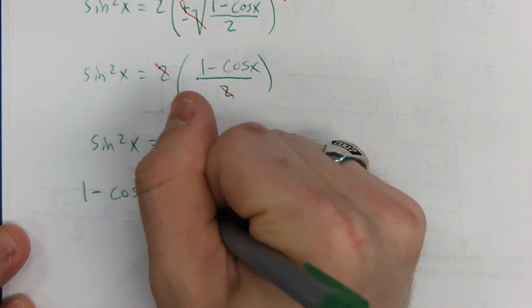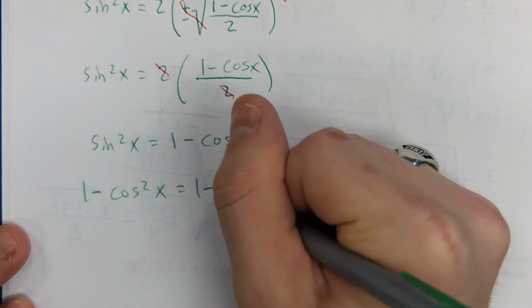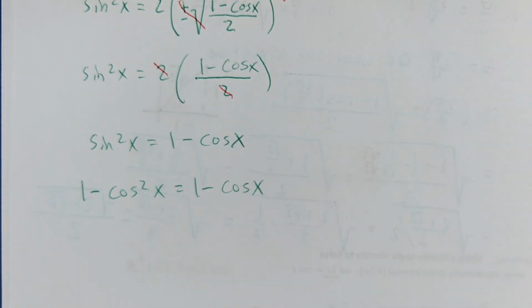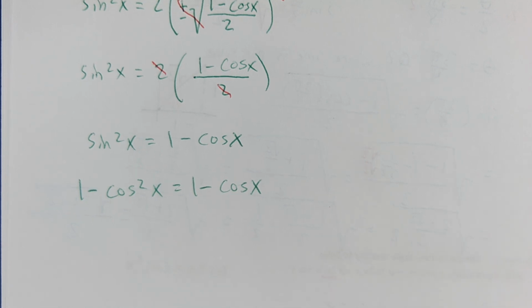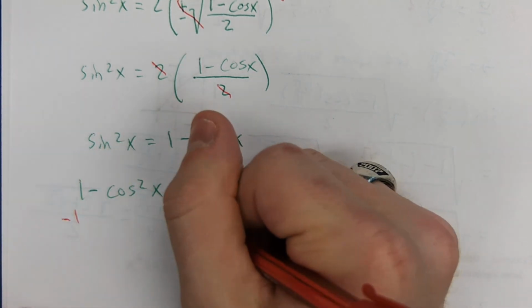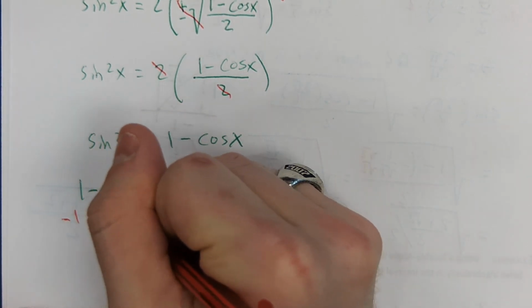Now I only have cosines. I have variables squared and variables not squared. The only way to handle that is to bring everything to one side, correct? I don't like negatives in front of my squared objects, so I will subtract this one and add this cosine squared.